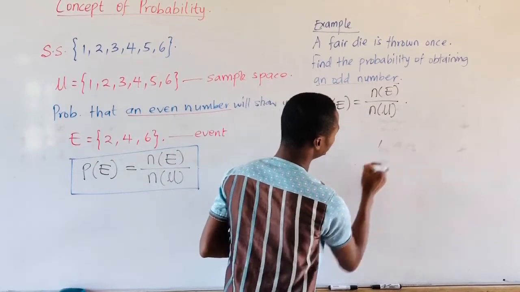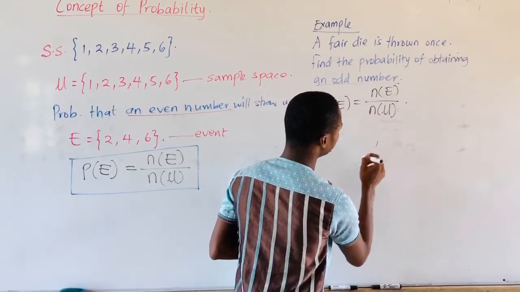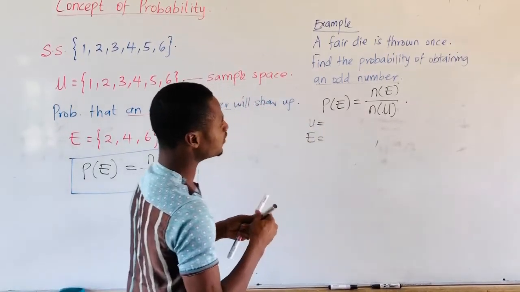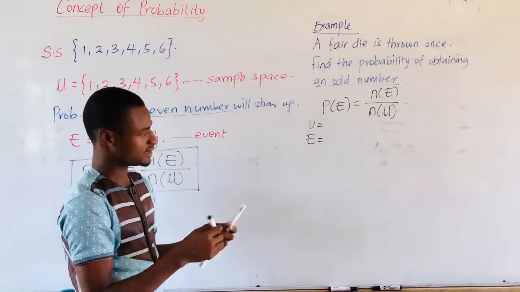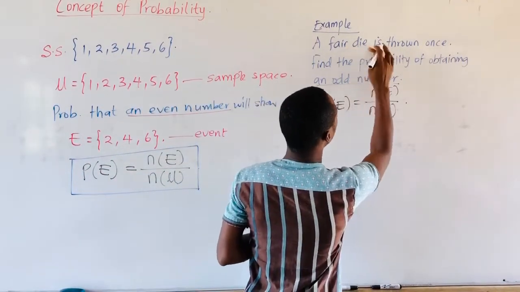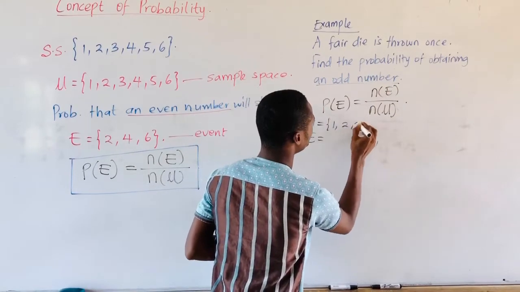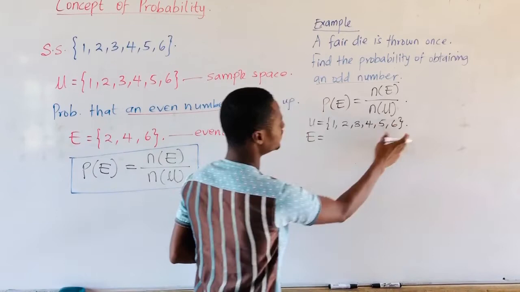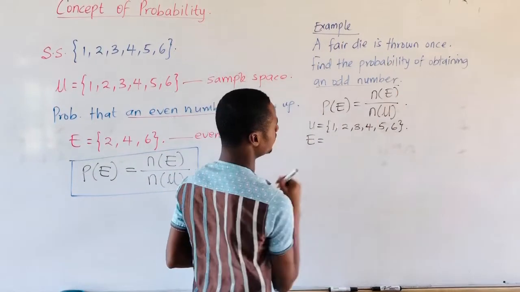But before we get the event, we must get the sample space, U, which is equal to the set of all possible outcomes. And so the sample space for the die is {1, 2, 3, 4, 5, 6}. These are the possible outcomes you can get from the throw of a die.